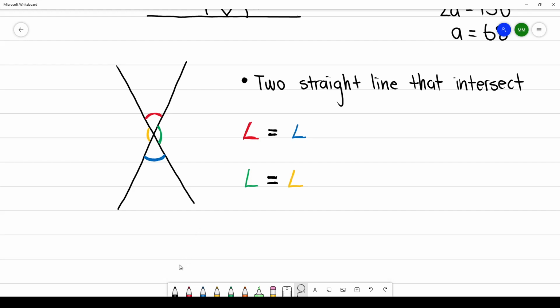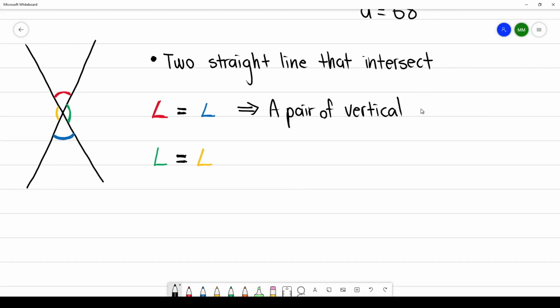And what they are called is a pair of vertical angles. A pair of vertical angles. So that's the word, vertical angles.